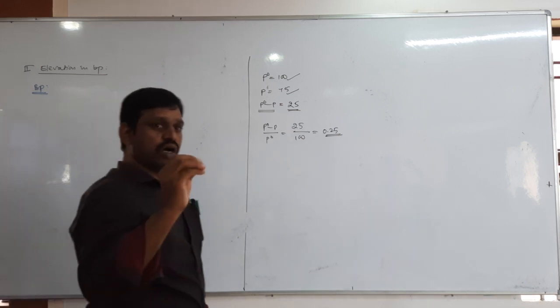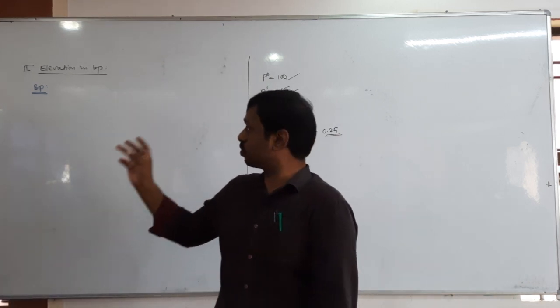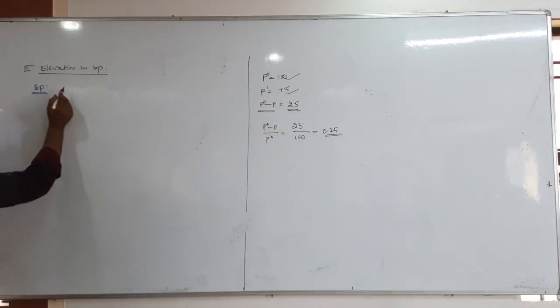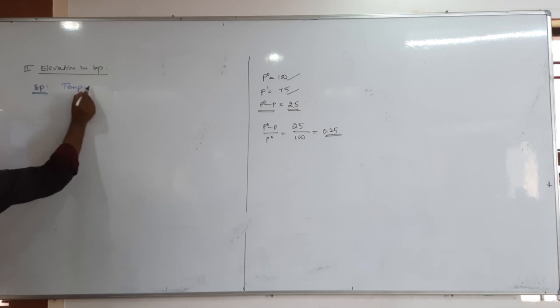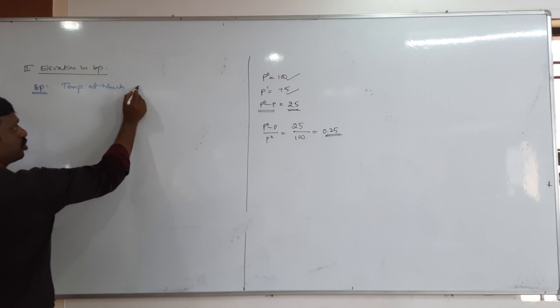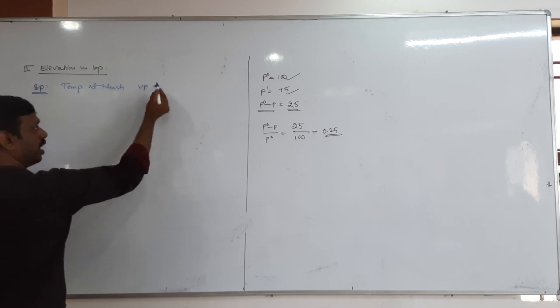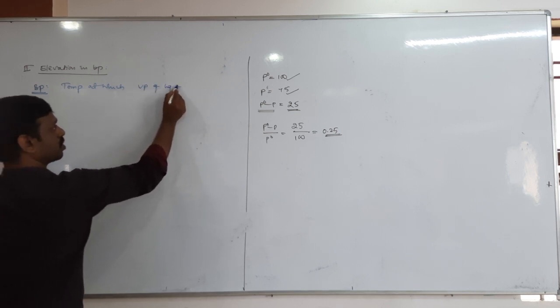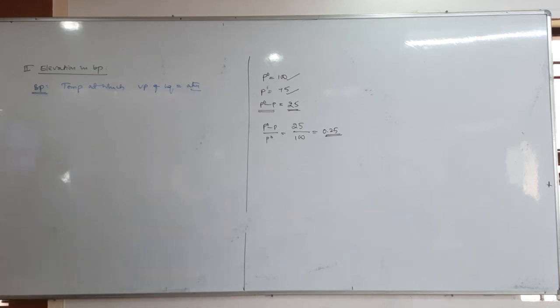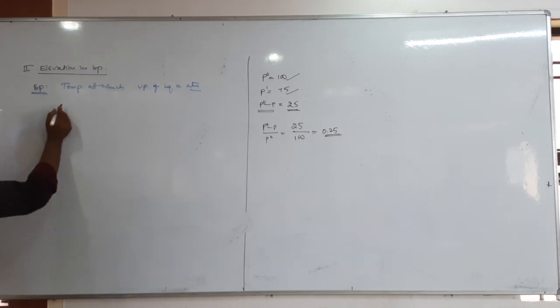The temperature at which the vapor pressure of a liquid is equal to atmospheric pressure, right? So it is the temperature at which the vapor pressure of any liquid is equal to atmospheric pressure, and then it is called the boiling point.